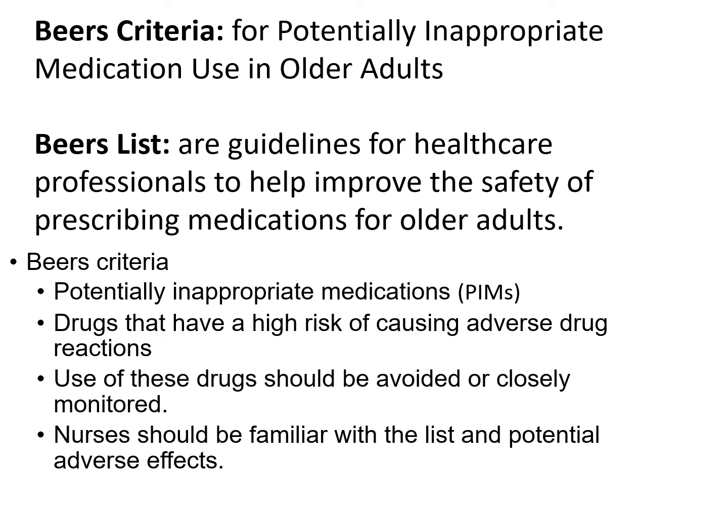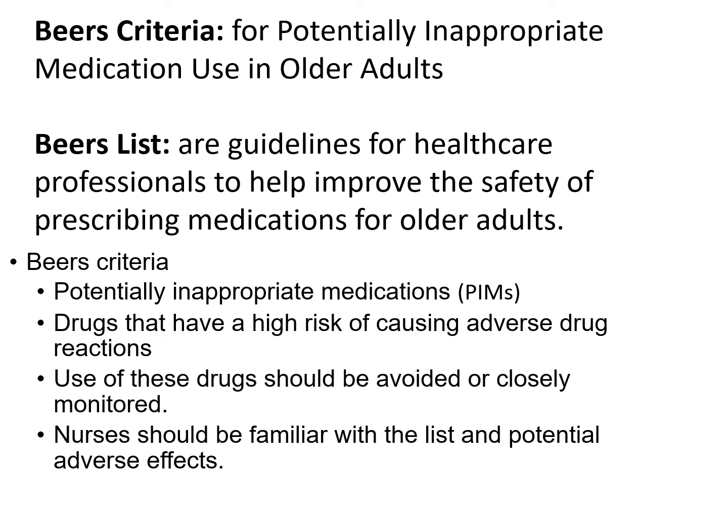So it can be very helpful in geriatric medicine. It's really a list of medications that are potentially inappropriate, that have high risk of adverse effects. Consideration should be given to avoiding these medications or at least closely monitoring them.